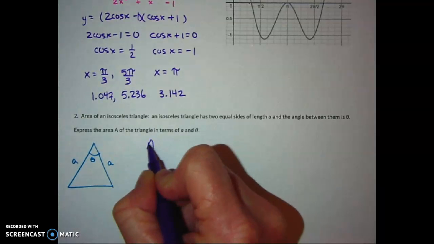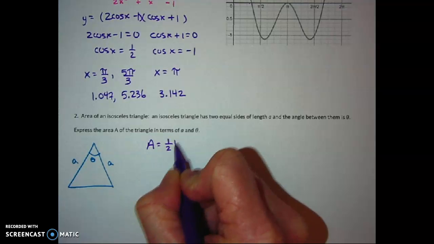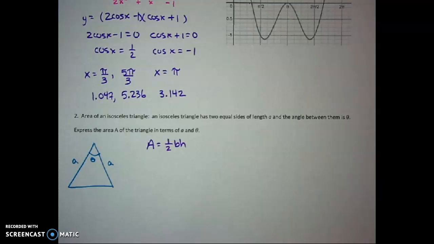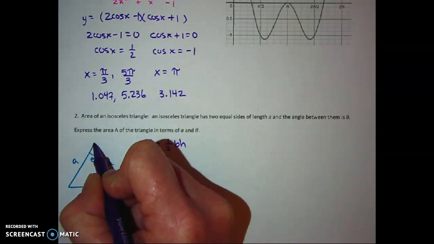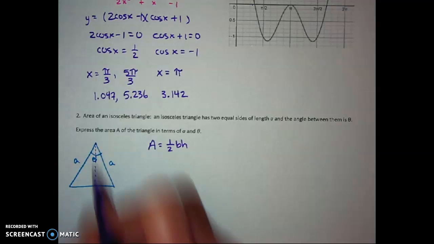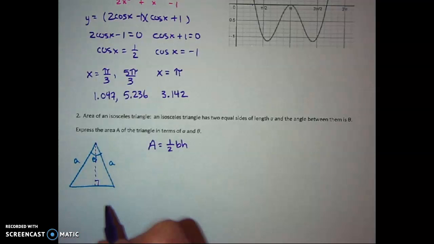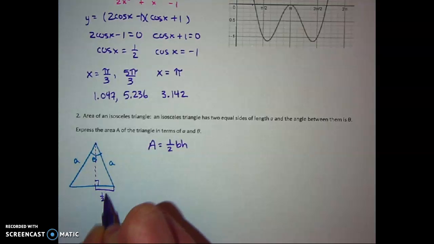We know that the area of a triangle is 1/2 base times height. My base is that side that I drew it as sitting on. My height, because this is an isosceles triangle, if I draw the altitude, is going to split my base in half. So now this is my 1/2 base, and it's also going to split my angle in half.